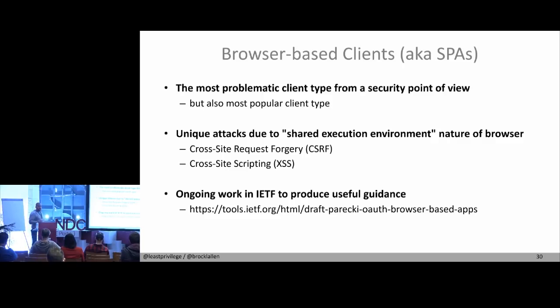We've been wanting something like that for a long time for JavaScript applications, and no one would ever take up the charge and actually do the work involved with writing one of these documents. But finally, someone did that. And so the IETF is in the process of providing a guidance document for these JavaScript browser-based applications. So it's sort of been a long time coming.